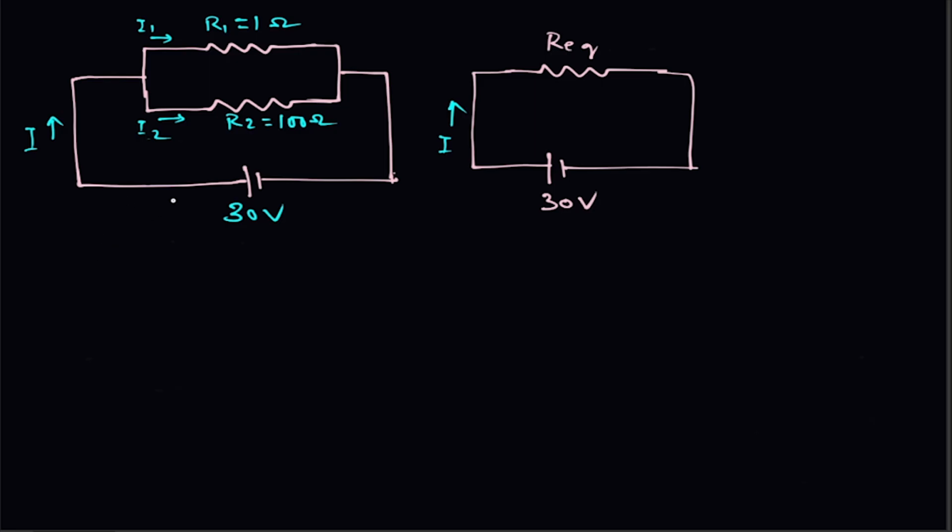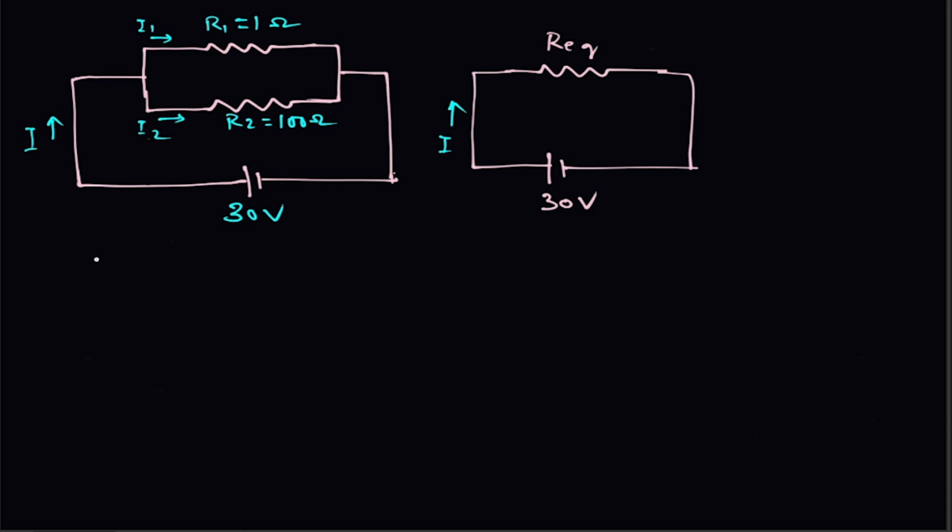Now let us solve this circuit just like the series connection. Here these two resistances are connected in parallel. The resistance values are the same as in the series case. R1 is 1 ohm and R2 is 100 ohm, and these two are connected across a DC voltage source of 30 volt. So first we have to calculate the equivalent of these two resistances which are in parallel. Let Req be the equivalent of these two.